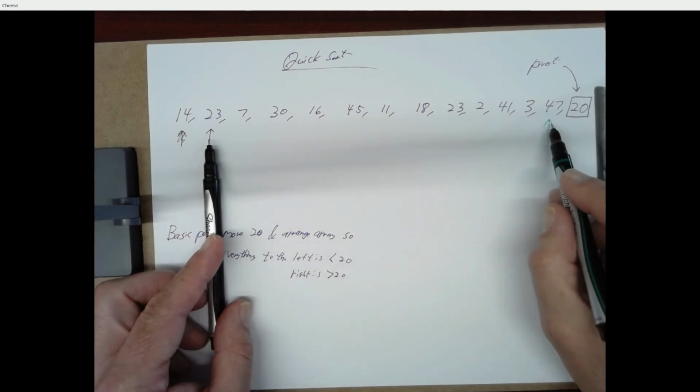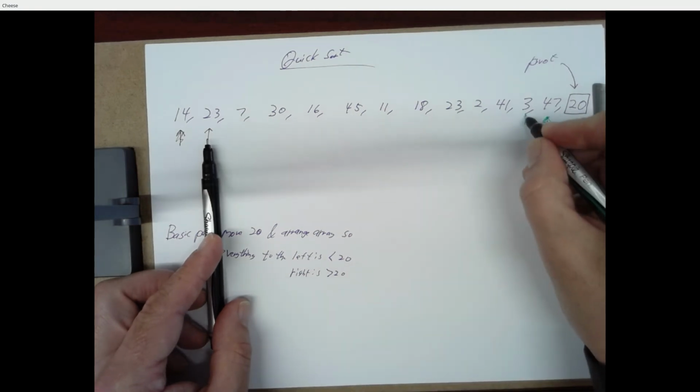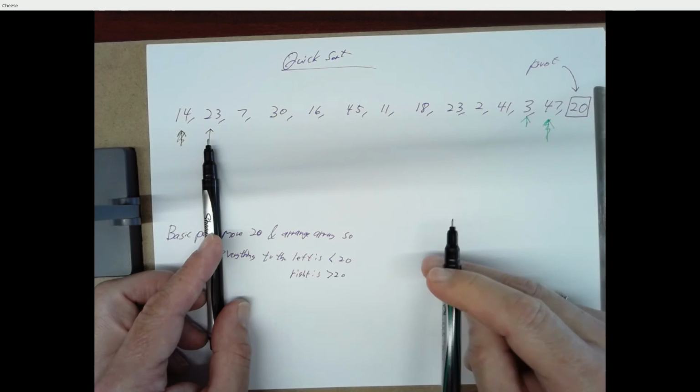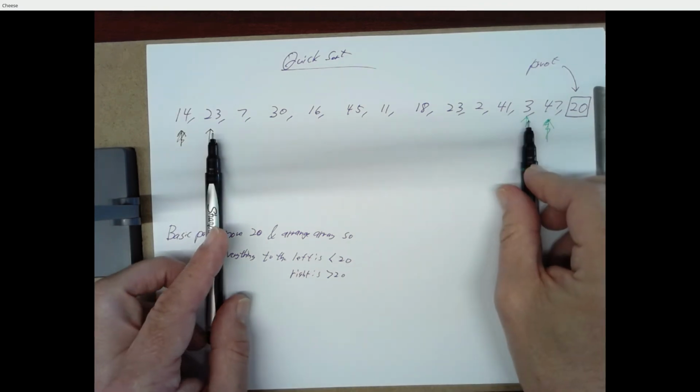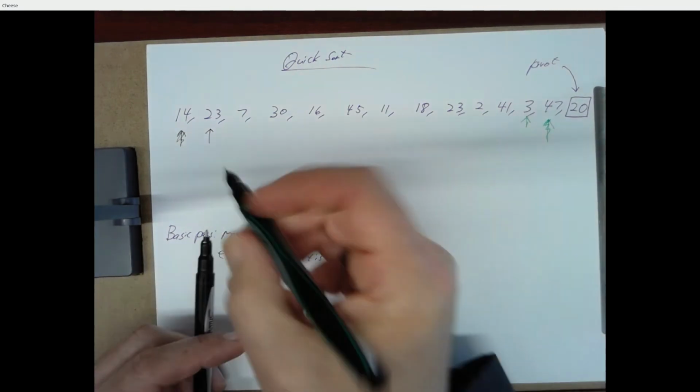Okay, so we leave that there and we come over to our second index. And here we're looking for things bigger than 20. So is 47 bigger than 20? Yes. So we move over one. Is 3 bigger than 20? No. All right. So 3 is smaller than 20. 23 is bigger than 20. These are in the wrong order. So yes, we want to swap these.